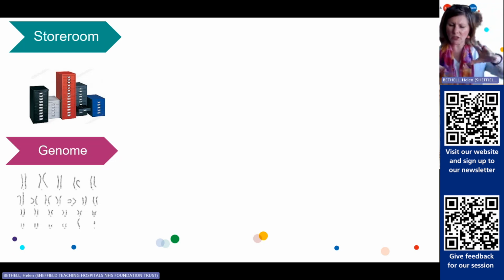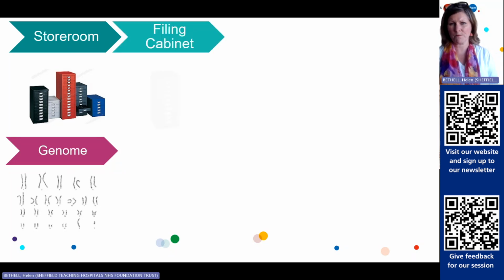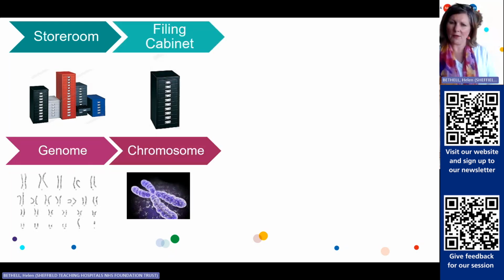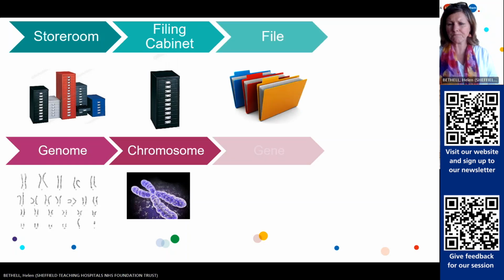So when we're talking about the genome and a collection of these filing cabinets, essentially we might be thinking about a storeroom. Each single filing cabinet is a chromosome, so containing lots of different genes and genetic factors.